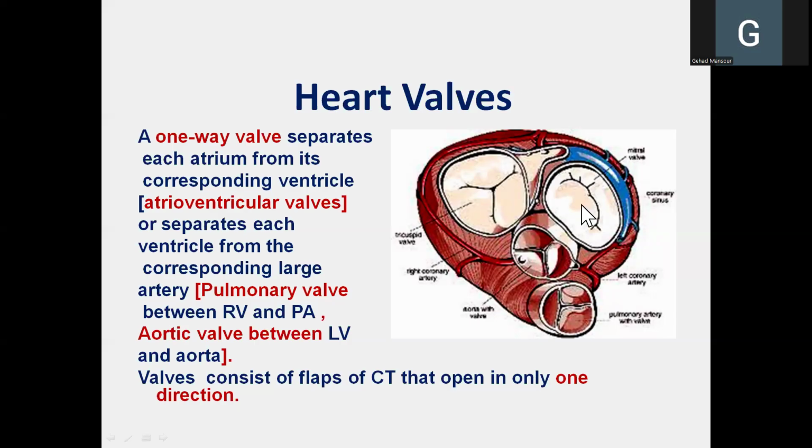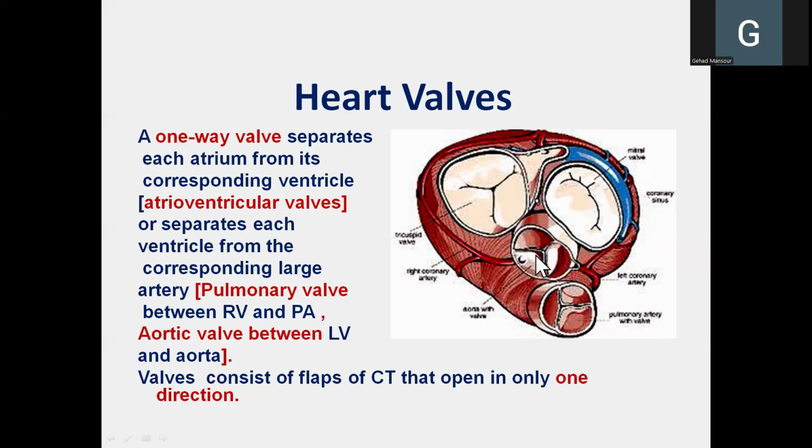So this is, as I said in the previous video, we have an oblique section in the heart that shows the four valves, the two semi-lunar valves, the pulmonary and the aortic valve. So here we have the pulmonary valve, and here we have the aortic valve.